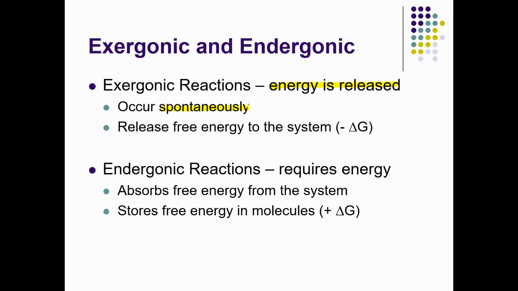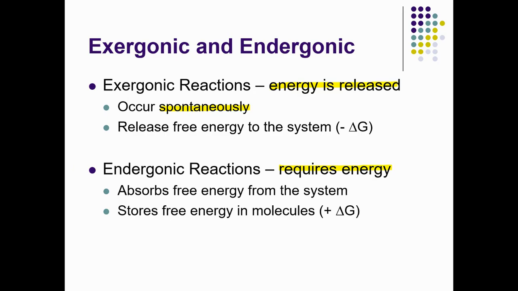That is just going to happen. That's going to be a spontaneous type of reaction. Endergonic reactions require energy. Energy has to go in, so these are going to take in energy from the system. These are going to be non-spontaneous, and we're going to be storing energy here.